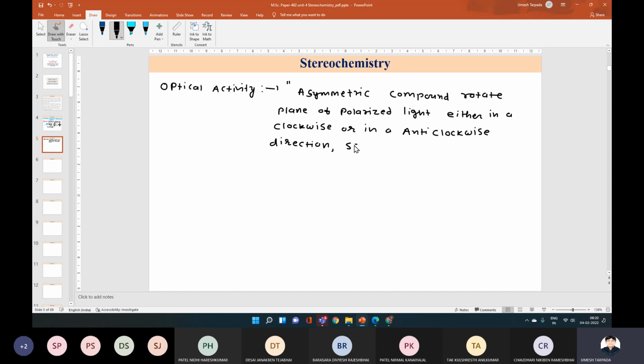The phenomenon to rotate plane polarized light is called optical activity.